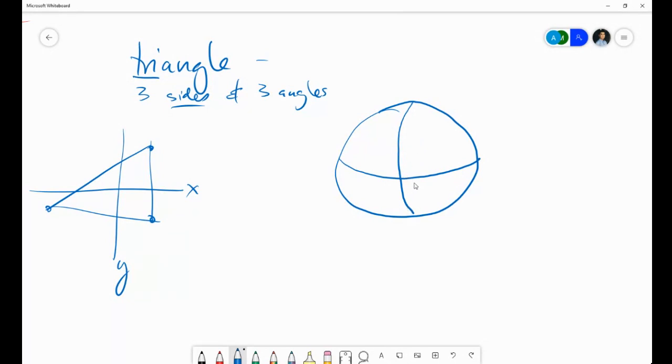Now, I want you to imagine the intersection of the longitude with the equator. What angle does that create? Anyone? The longitude intersects with the equator. A right angle.